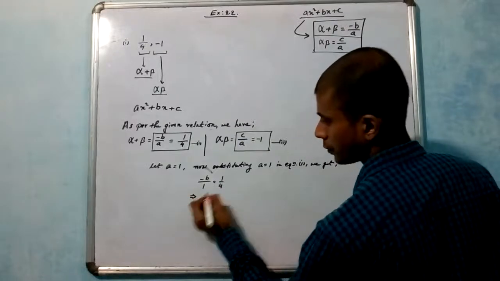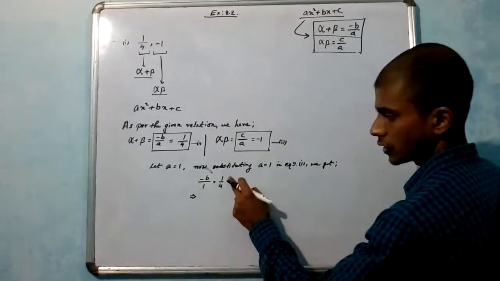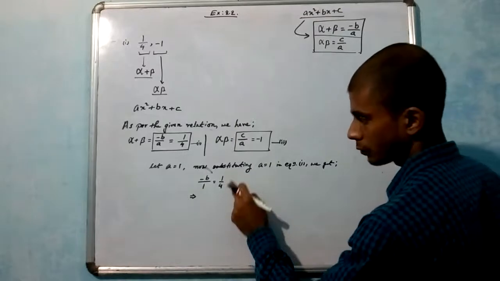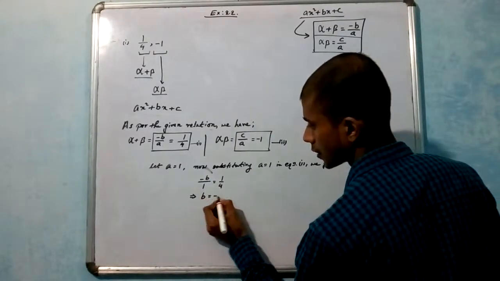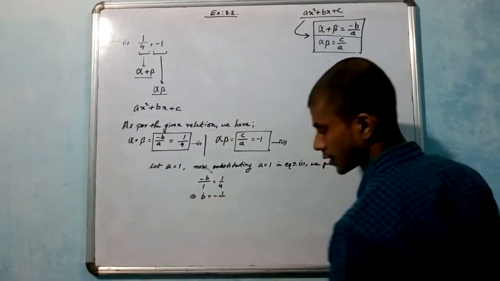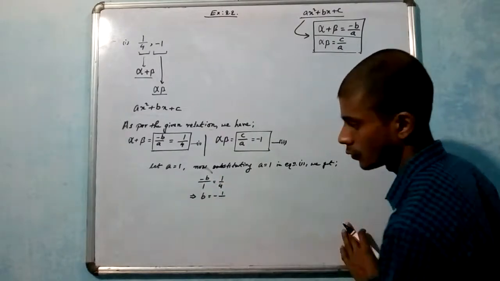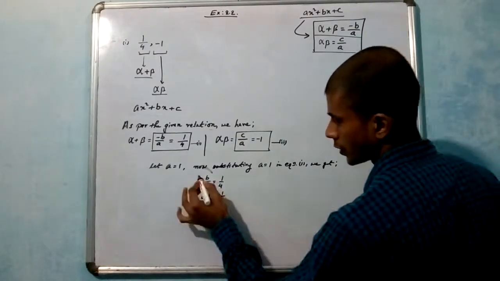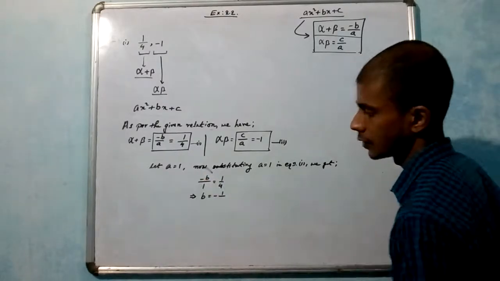From this we will get b how much? Tell me. This one will go this side, it will get in multiplication, so 1 by 4 only, and b will be how much? From this how to get b?